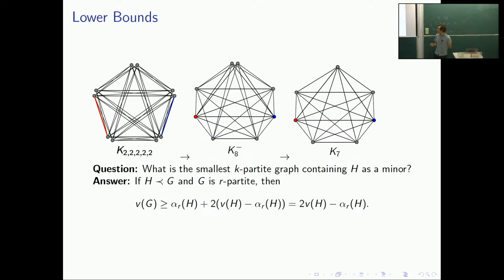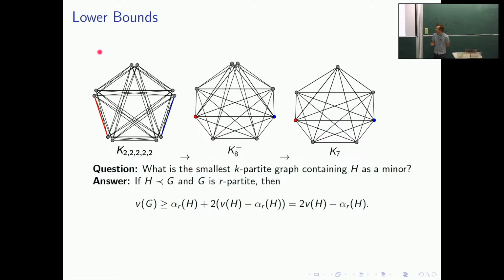So if we consider the graph K8, then the largest 5-partite subgraph of K8 is of course K5. So the largest subgraph of K8 which is also a subgraph of K2222 has 5 vertices. Now, if we want to build the 6th vertex of K8, we would need to contract a pair of vertices. And if we want to build the 7th vertex of K8, we would need to contract another pair of vertices.